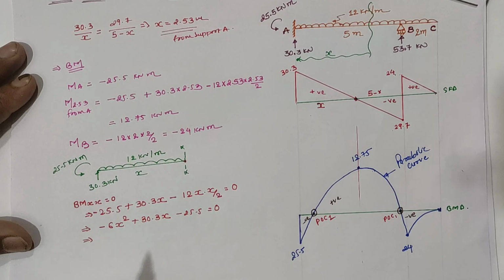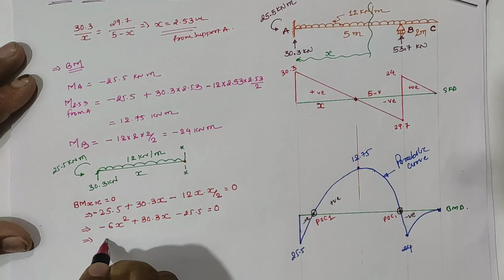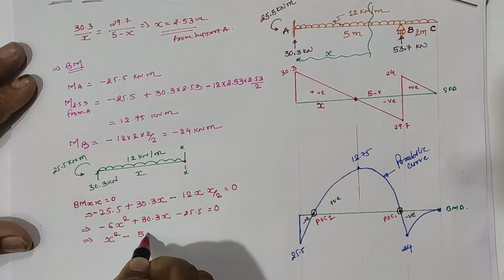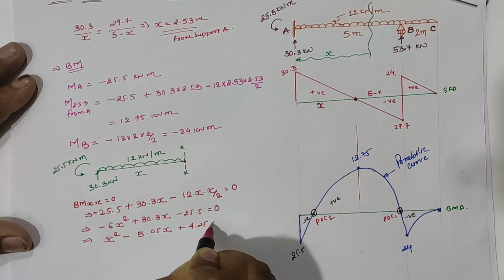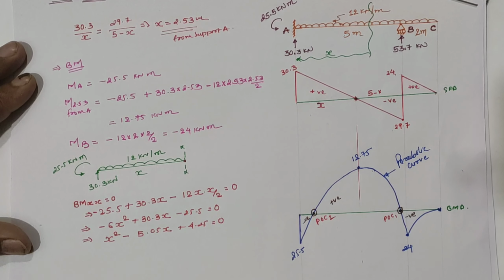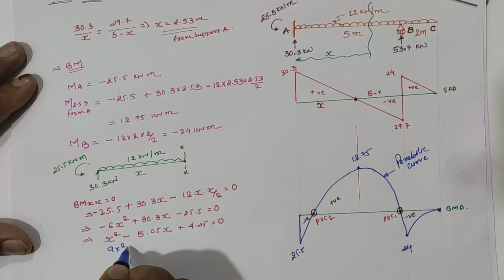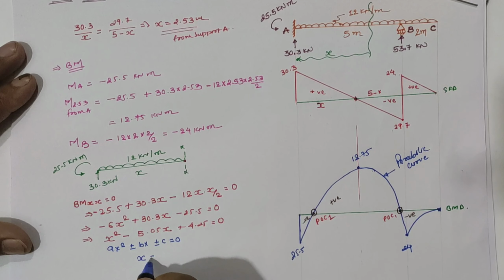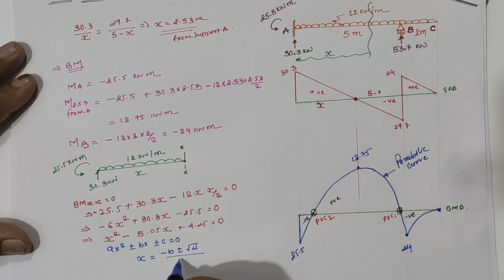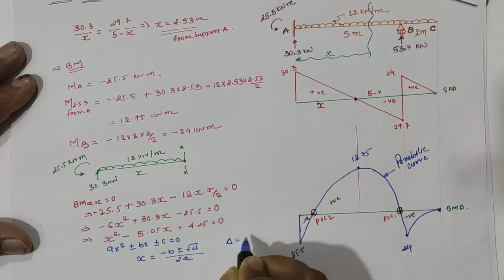Now dividing all values by minus 6, we will have x square minus 5.05x plus 4.25, which must be equal to 0, which is similar to ax square plus or minus bx plus or minus c equal to 0, and the solution for x is equal to minus b plus or minus root delta by 2a, where delta is equal to b square minus 4ac.